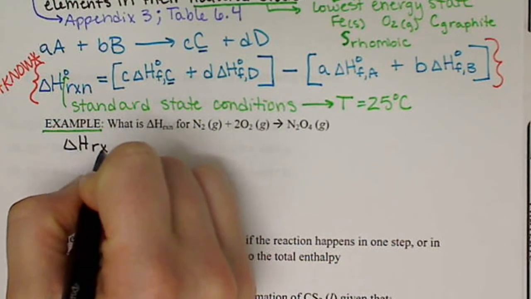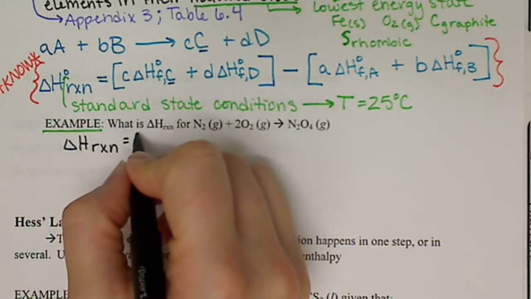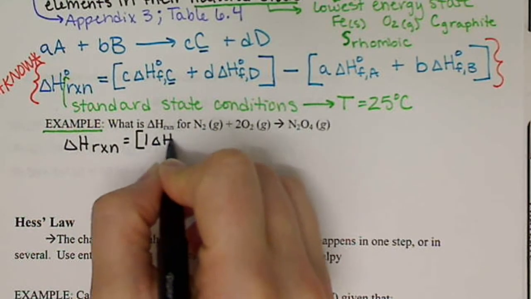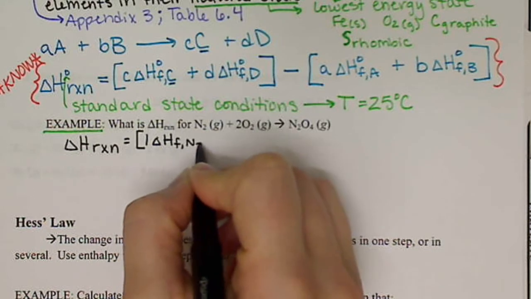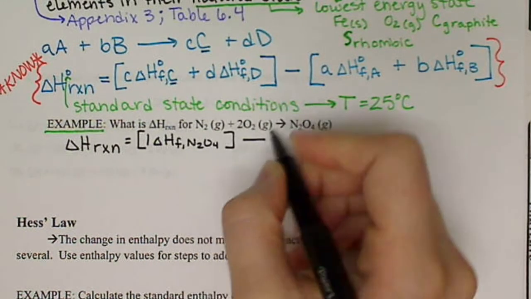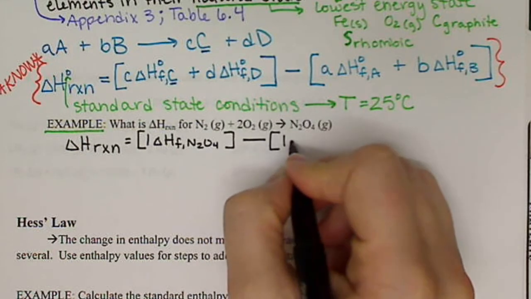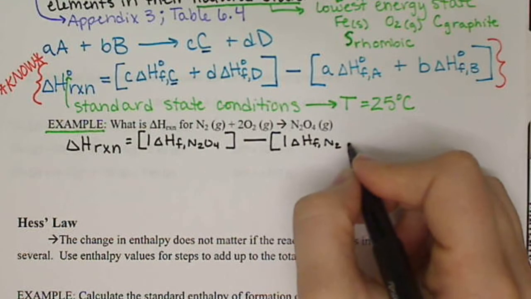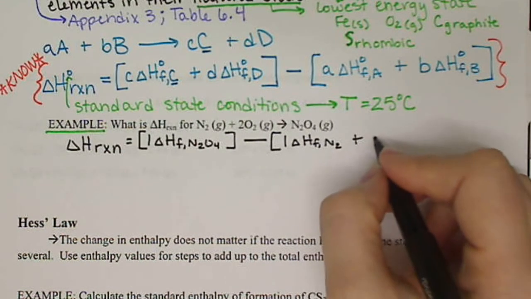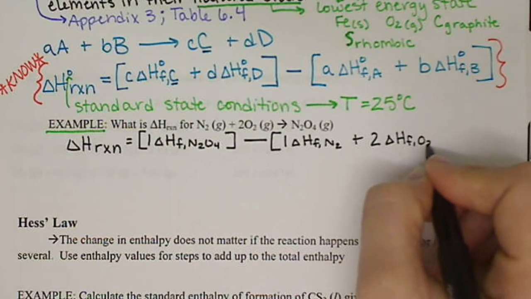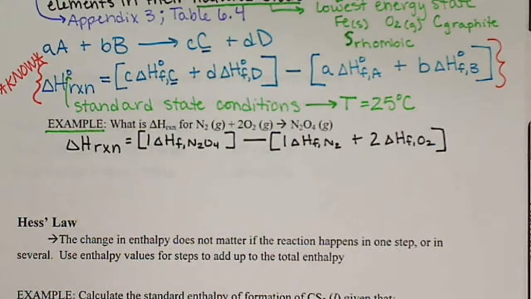So delta H of our reaction is going to be 1 times the delta H of formation of N2O4 minus 1 times the delta H of formation of N2 and 2 times the delta H of formation of O2.